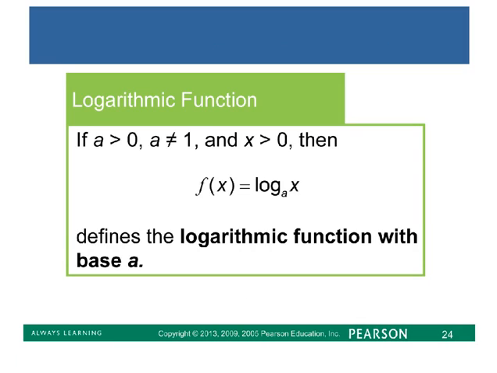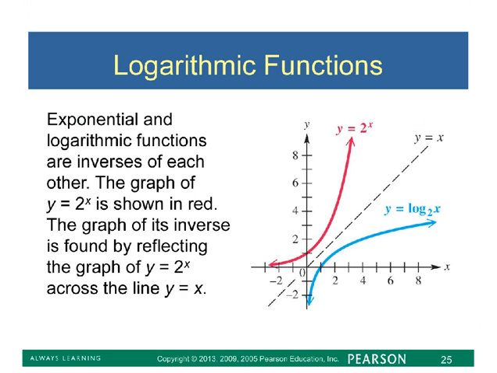Alright, this is the logarithmic function, f of x equals log base a of x, and we're going to look at some properties of it. Now, an exponential function, let's compare it to what we've looked at previously. We've seen that the graphs look like this.